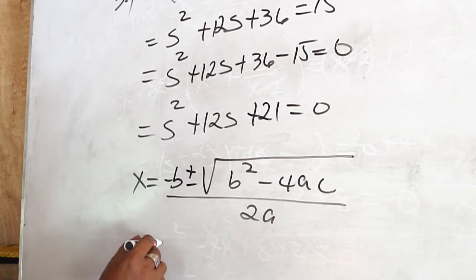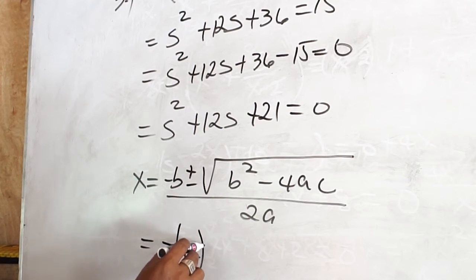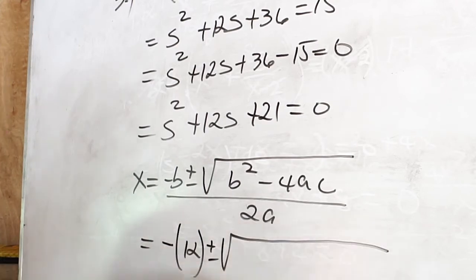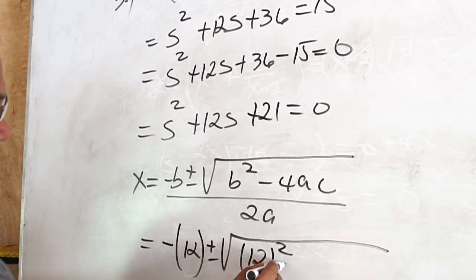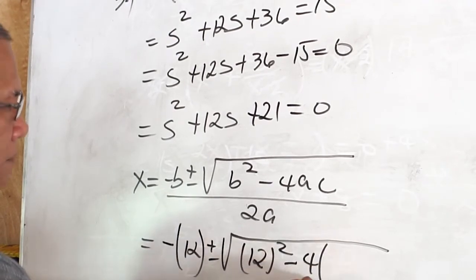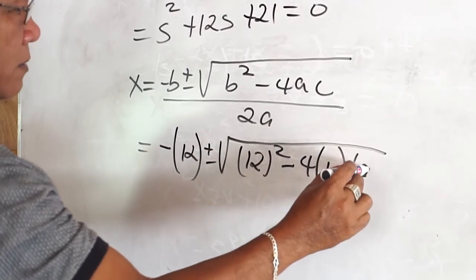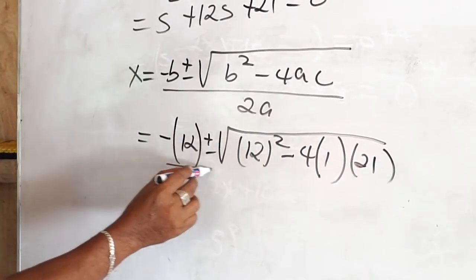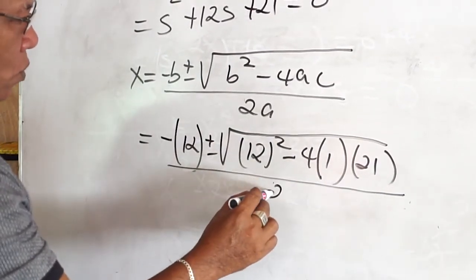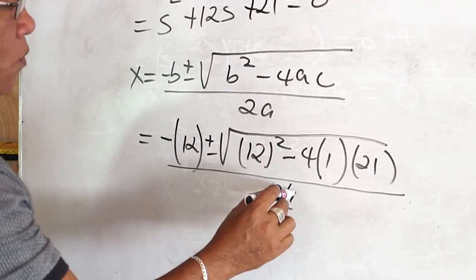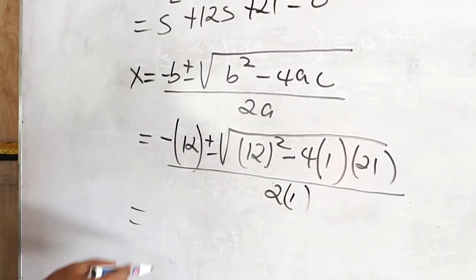Okay, so we have negative 12, then positive and negative, the square root of, okay, we have 12 squared, negative 4, the value of a is 1, then the value of c is 21, then over 2, then the value of a is 1. Again, solve.